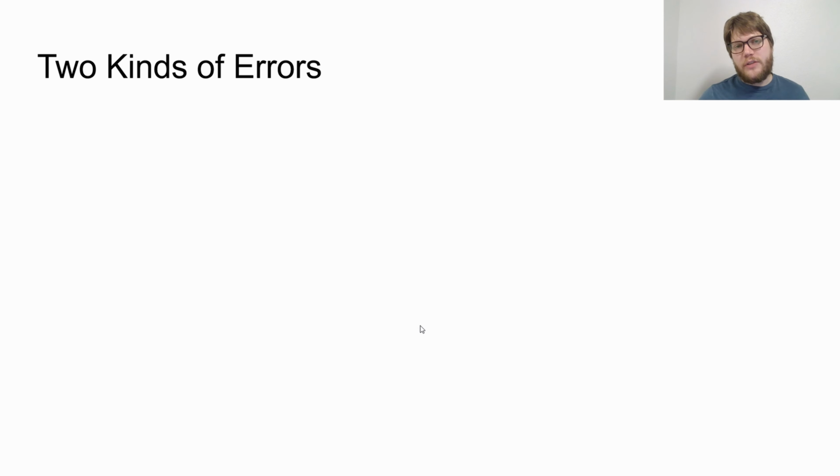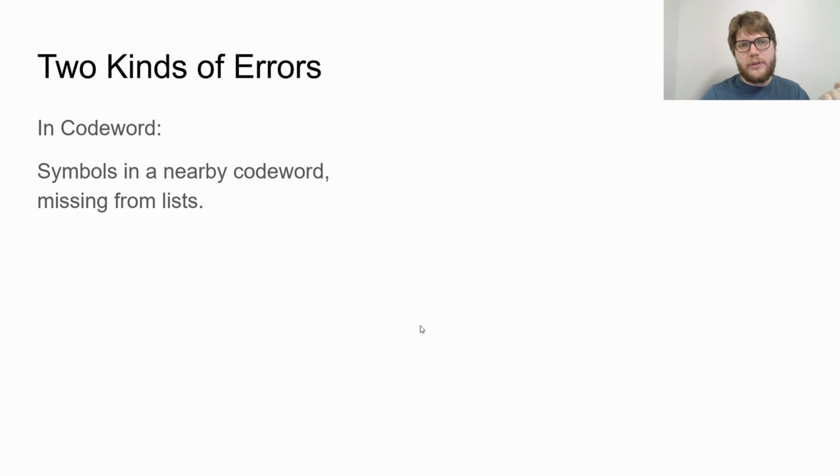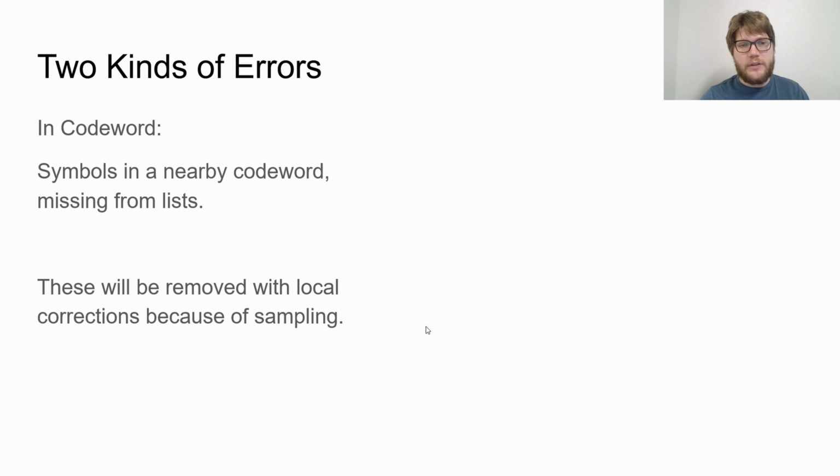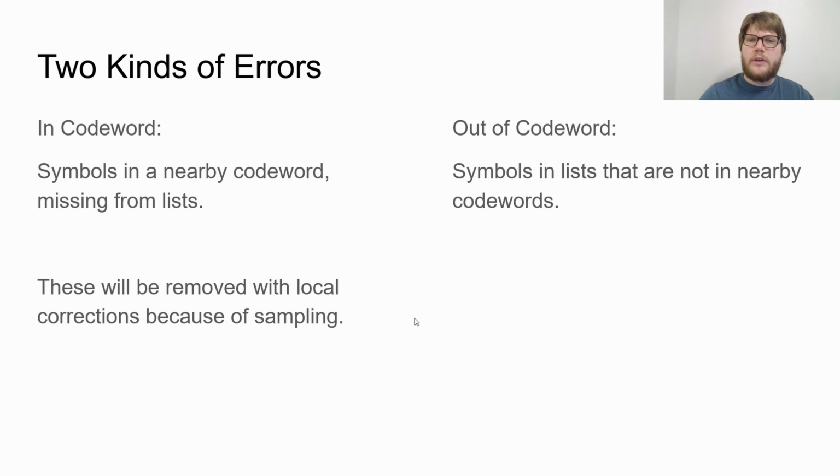What makes this tricky is that there are kind of 2 kinds of errors. First, in-code word errors. These are symbols in a nearby code word that are not in any of the lists. But this is pretty easy to deal with by using sampling properties. Then there's out-of-code word errors. These are symbols in lists that are not in any of the nearby code words.